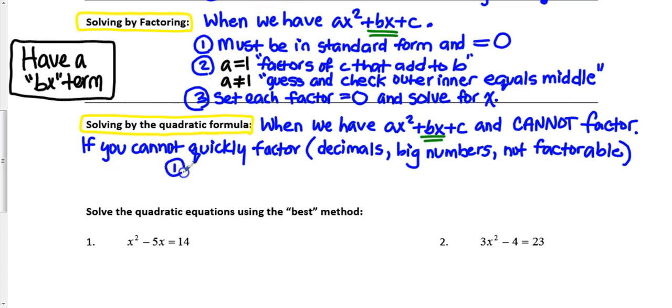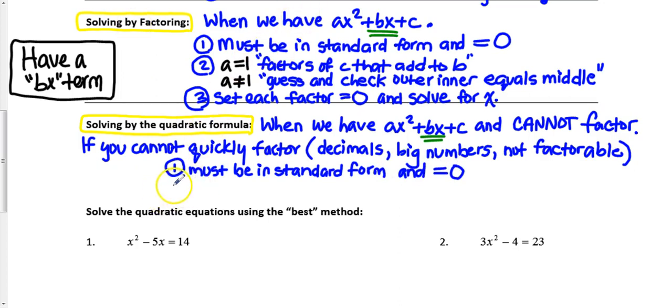Step 1 is the same. Must be in standard form and equal to 0.